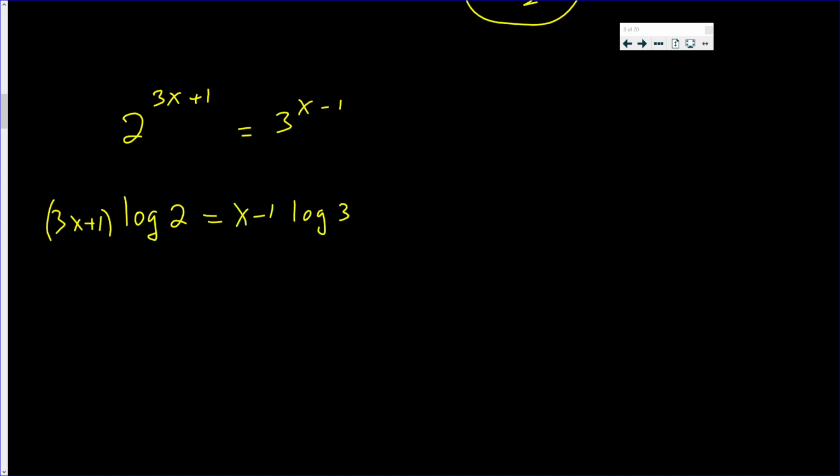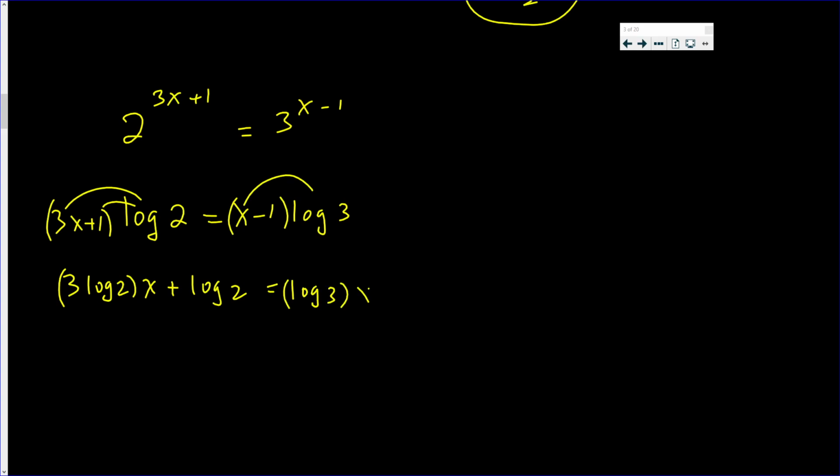The power comes in front. So distributing, we have 3 log 2 times x plus log 2. On the right side, we have log 3 times x minus log 3.